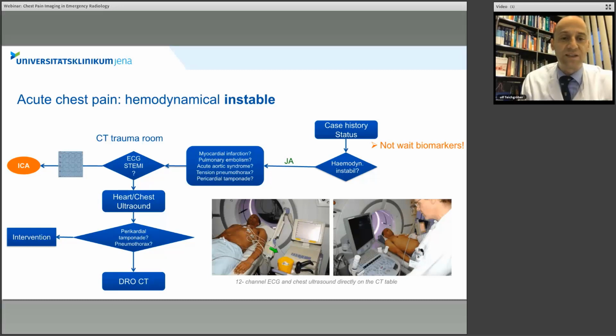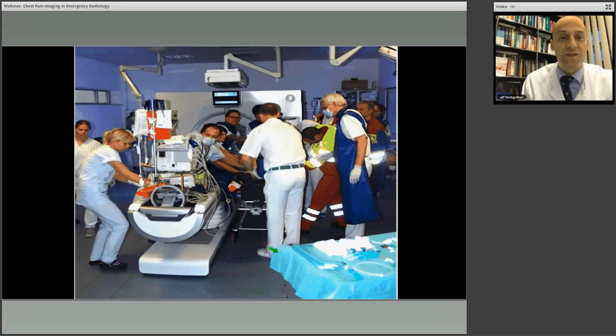In some patients, it's actually also possible to do a real triple rule out. That means reconstruct also from the image acquisition also the coronaries. But by definition, it's actually a dual rule out, because we can't confirm that we are able to do in all patients a triple rule out situation.